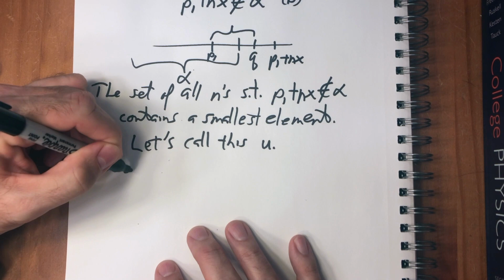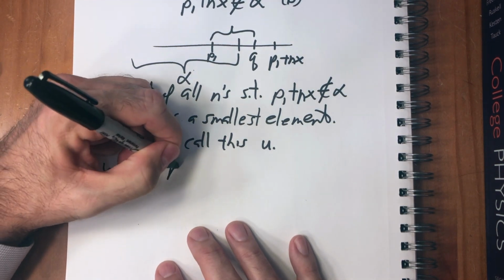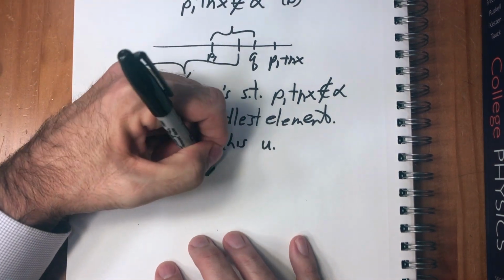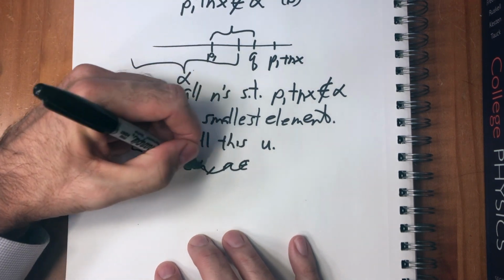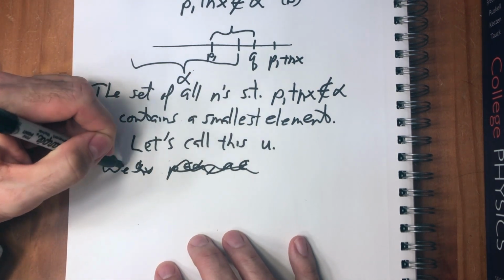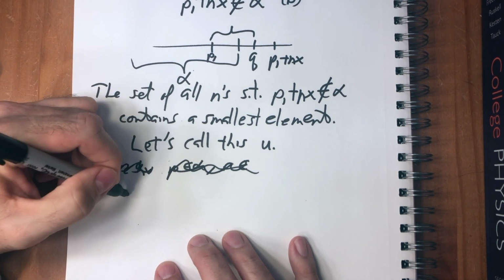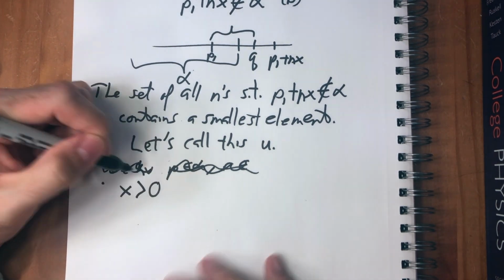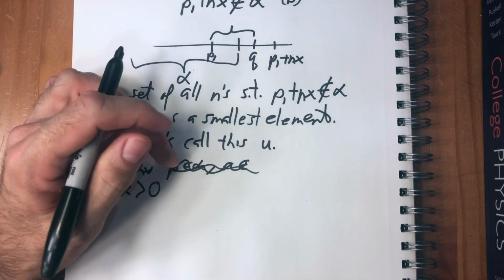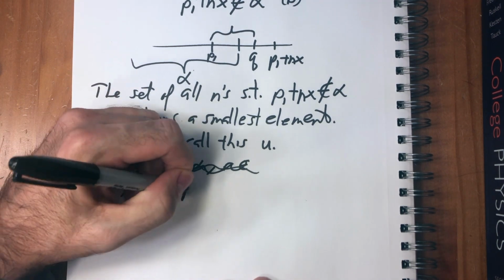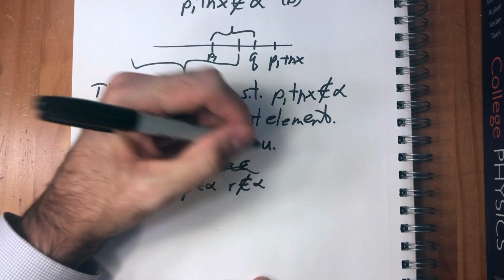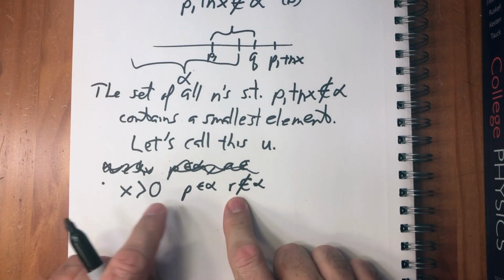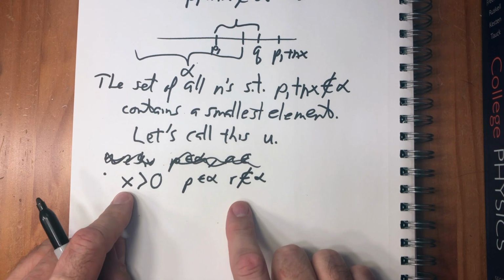We have that p is an element of alpha, and r. Oh no, I'm sorry, wait, that's not what we have. What we started with is some element x greater than 0, and we're looking for a p that's inside alpha and an r that's outside alpha, where these two numbers are a distance of x apart.